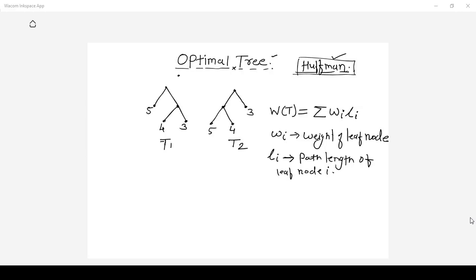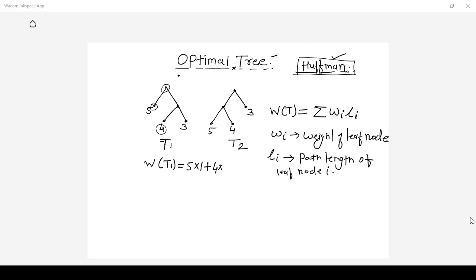So let us find out the weight of tree T1, which is equal to the first leaf node whose weight is 5. So Wi becomes 5 into Li, that is the path length of the leaf node from the root node. It is 1, as there is only one edge from the root node till the leaf node whose weight is 5, plus the second leaf node whose weight is 4, that is Wi into Li.